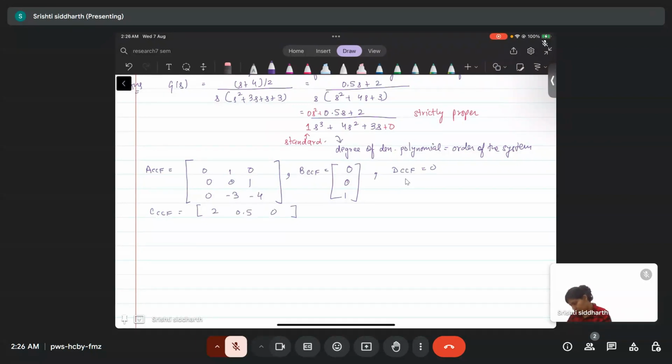Okay, so we can obtain the OCF form now. It's going to be 0 1 0, 0 0 1, 0 -3 -4.